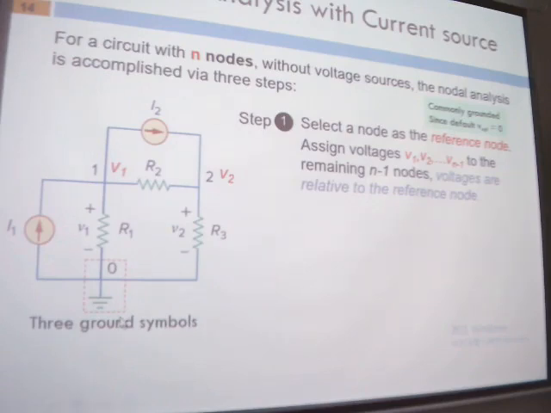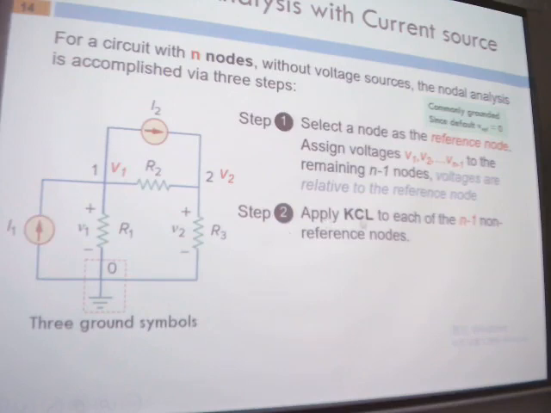We commonly use the grounded symbol for this reference node, because we commonly use the default reference as 0. Clear? Step 2, we apply the KCL law to each of the n minus 1 non-reference nodes.